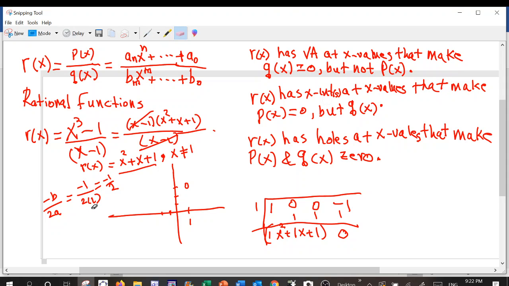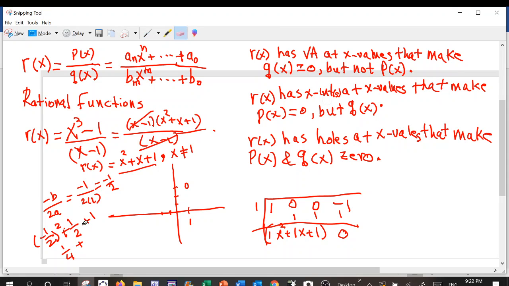Where is the y coordinate? Well, we have to put negative 1/2 in here to find the y coordinate. So negative 1/2 squared plus 1/2 plus 1. So negative 1/2 squared is just 1/4, right?